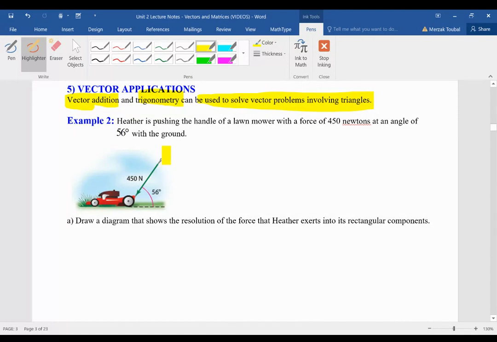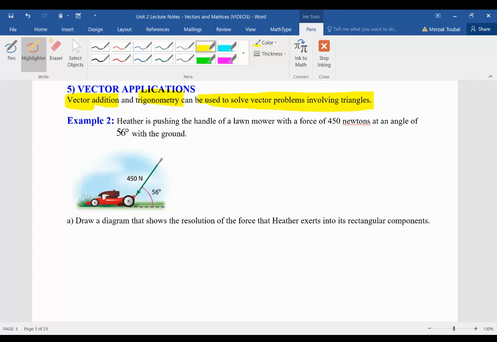So we got Heather pushing the handle of a lawnmower with a force of 450 newtons at an angle of 56 degrees with the ground. If we apply this type of force on the lawnmower, then obviously the lawnmower will move forward. We also push it down as well, making more contact with the ground.